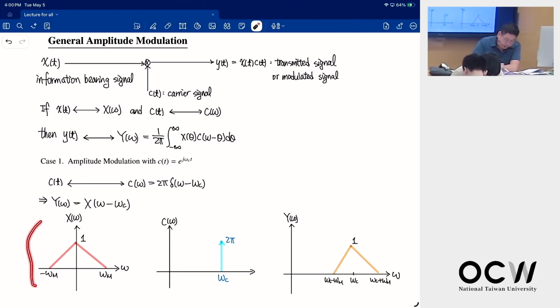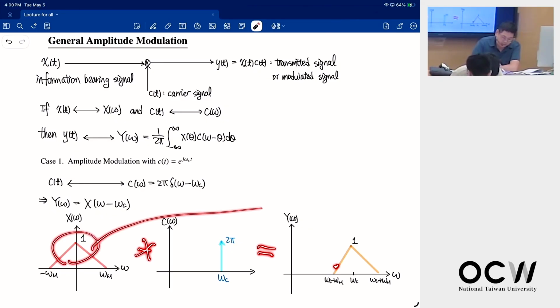So suppose this is the input in frequency domain, and then this is the complex exponential, but in frequency domain it is an impulse. So when they do the convolution, they just map this to here.